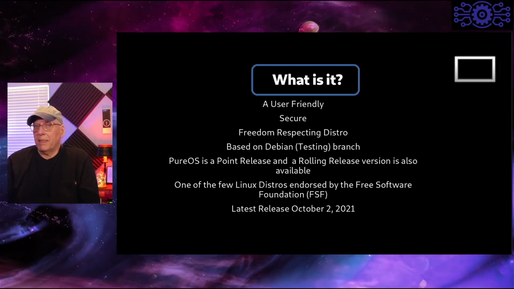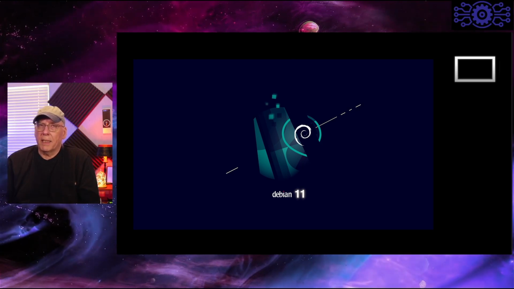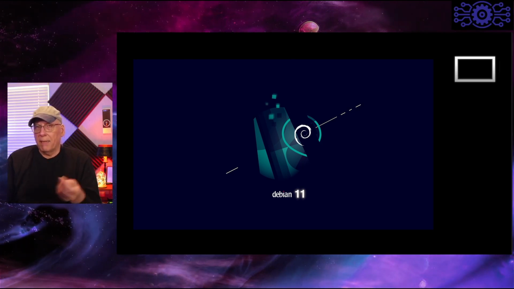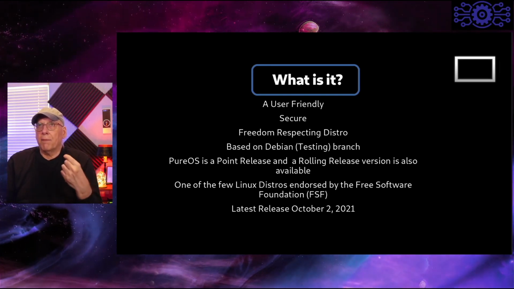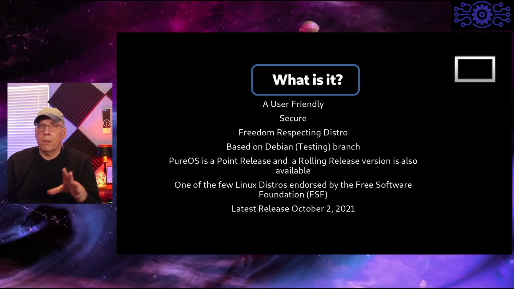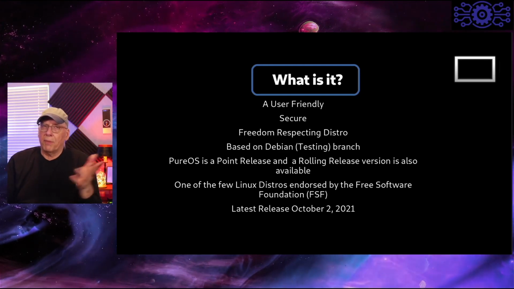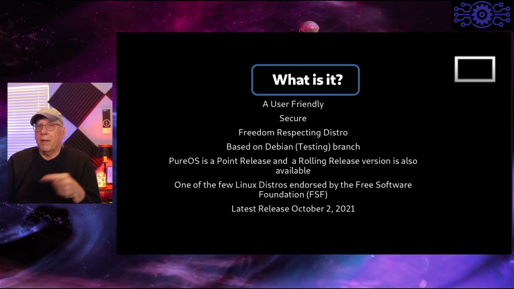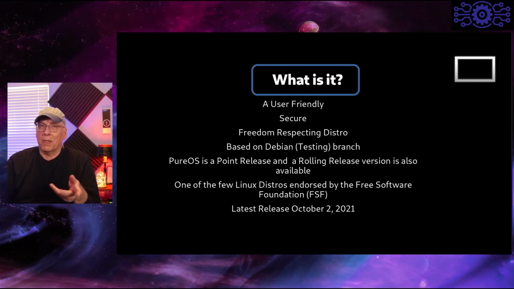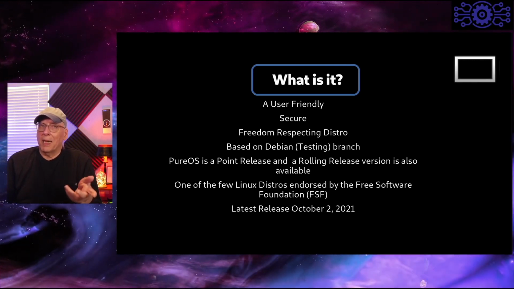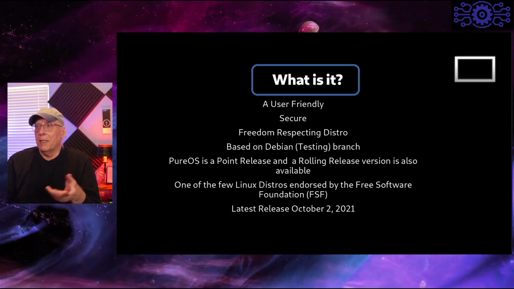And it is based on Debian testing branch, but I think they've made a couple of changes since the last release. It used to be purely a rolling release, and of course the problem you run into with that, especially if you're on the testing branch, is that you might run into stuff that isn't going to work, or it breaks something else that it wasn't intended to break.